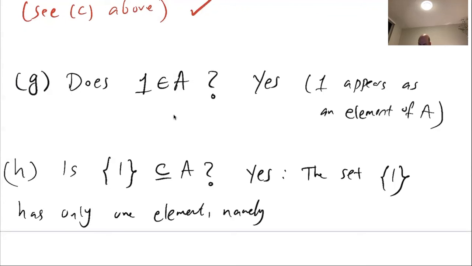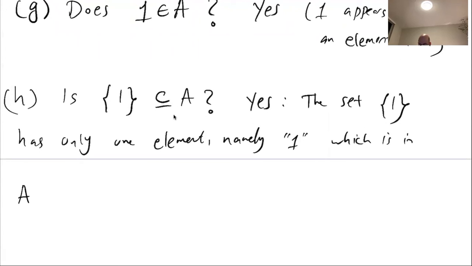Namely 1, which is in the right-hand side set, which is in A. So that means the set containing 1 is a subset of A. Because in part G, we established that the only element 1 is in A.